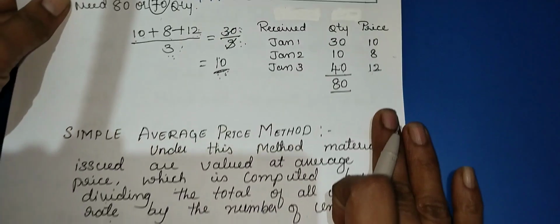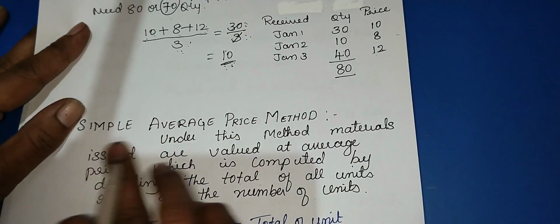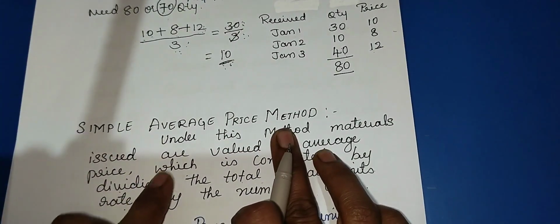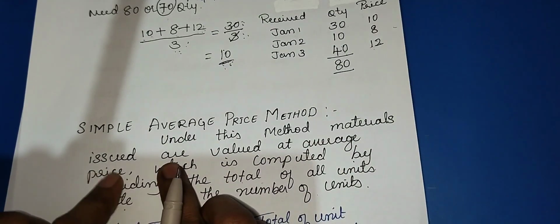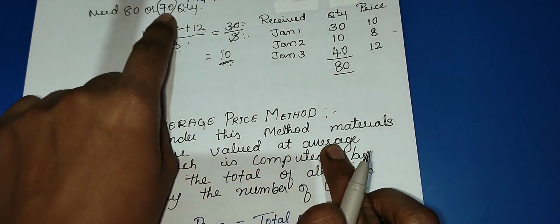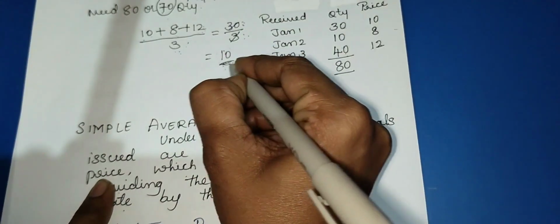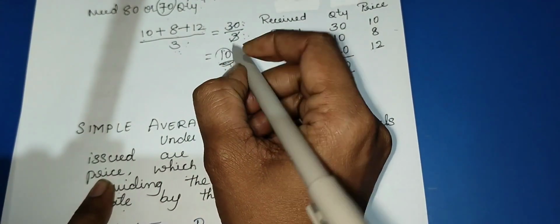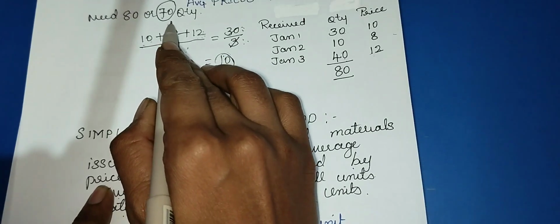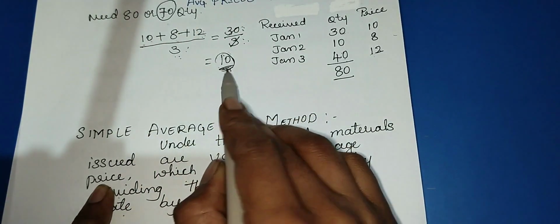Now we will understand the meaning. In the simple average price method, the materials issued are valued at the average price. So the average price is 10. Here we value whatever material we issue by taking the average price.